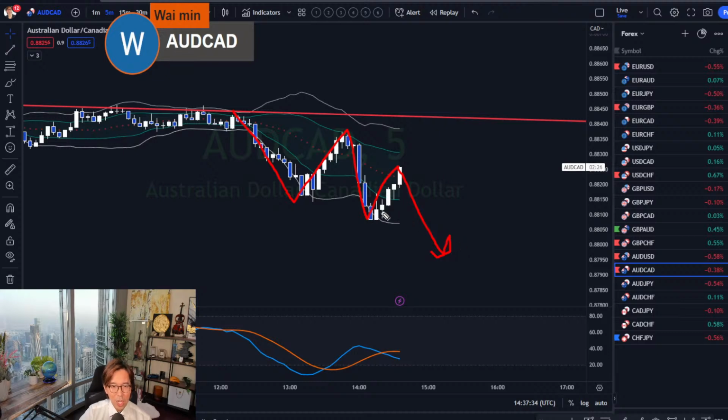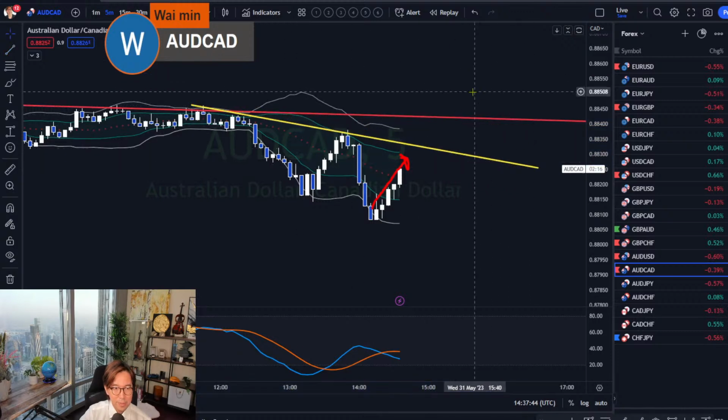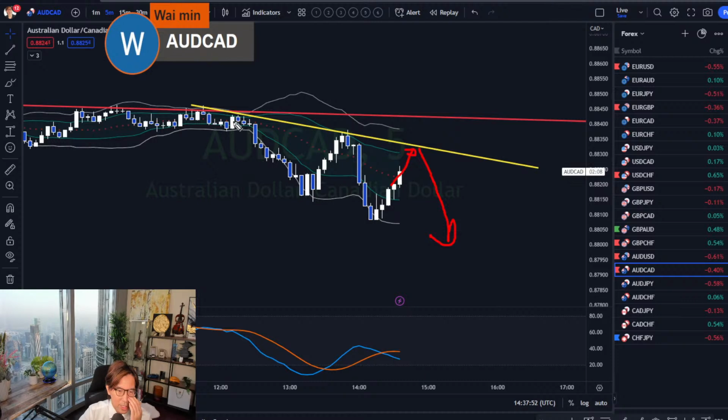So you want to know how far the market continues to retrace. To know that, you can draw the descending trend line. So the market may reach there and then start to reverse and continuously downtrend on this reverse in the waves.